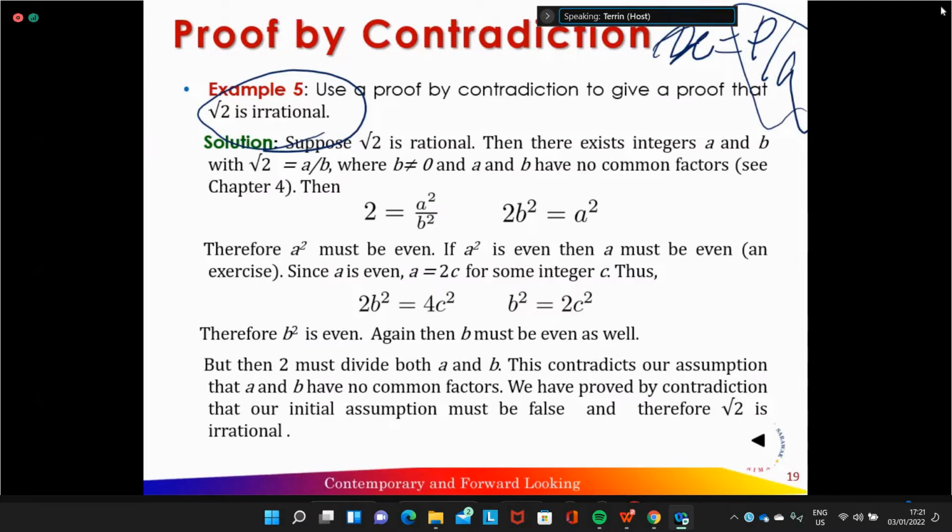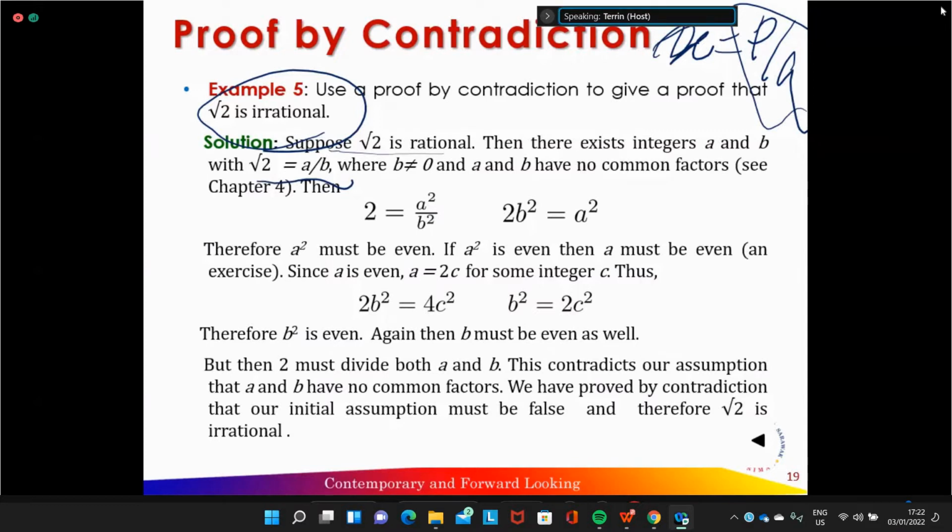So using proof by contradiction, we assume the negation: that the square root of 2 is rational. That is the case of it being represented by 2 integers a and b, where b cannot be equal to 0, and they cannot have common factors.